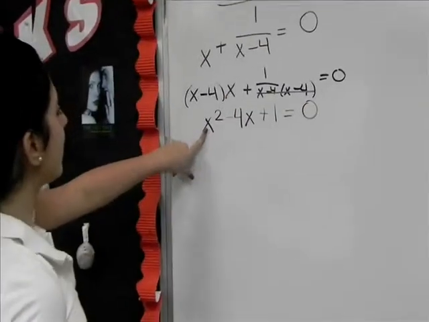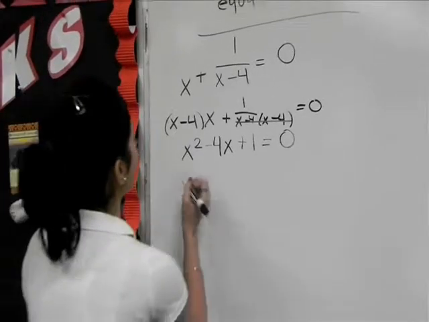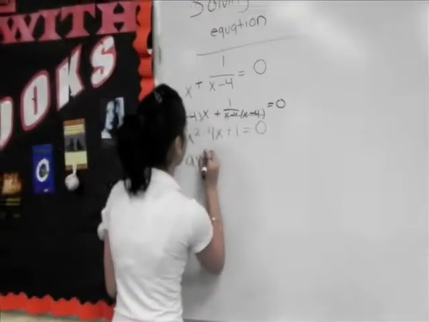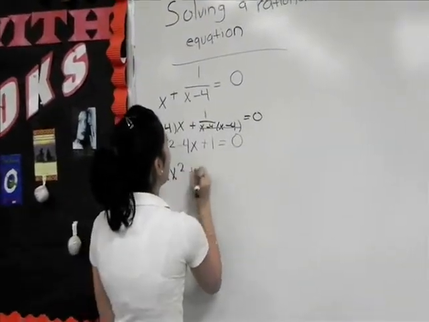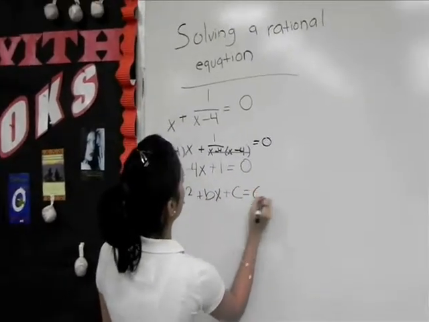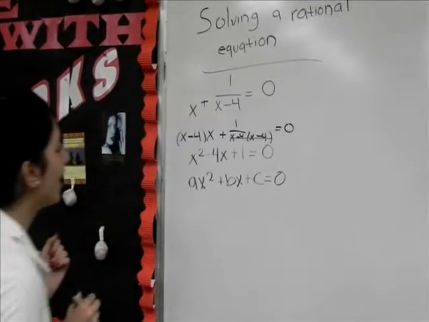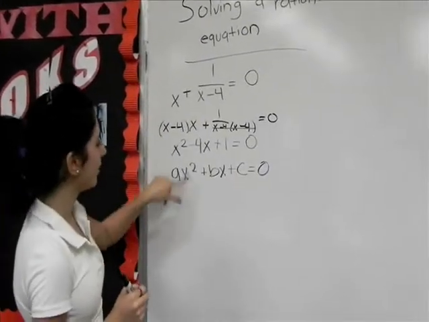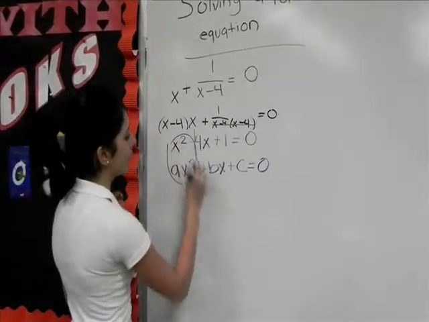And what you have now is a quadratic form, which is ax squared plus bx plus c equal to 0.